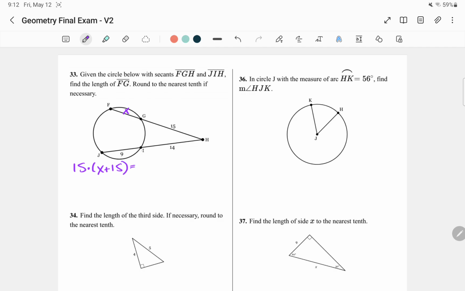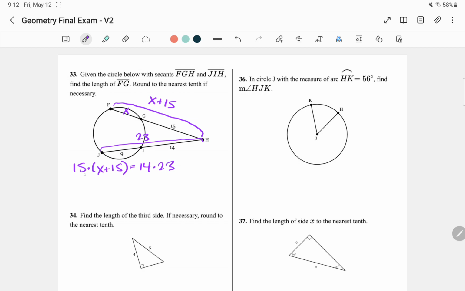That's equal to our outside part down here, which is 14, times our entire thing. 14 plus 9 is 23, so this whole thing is 23, just like this whole thing is x plus 15. That's where I'm getting these numbers from.